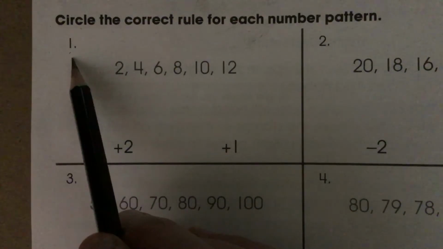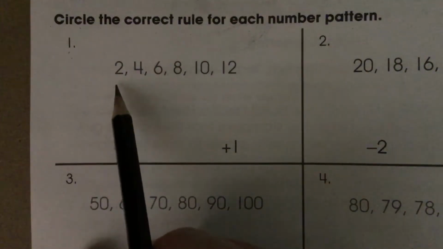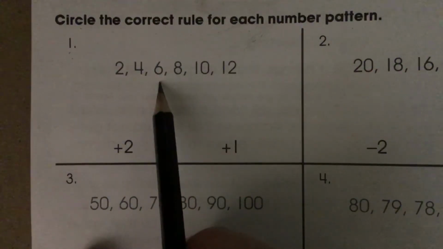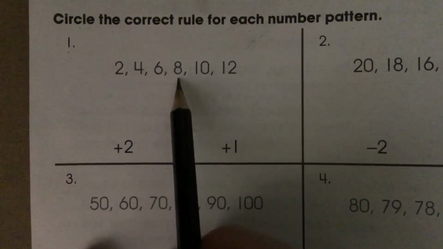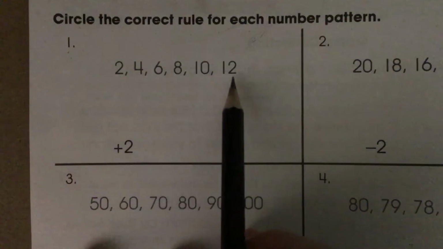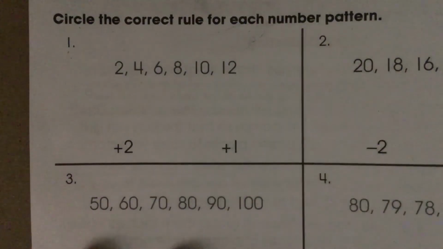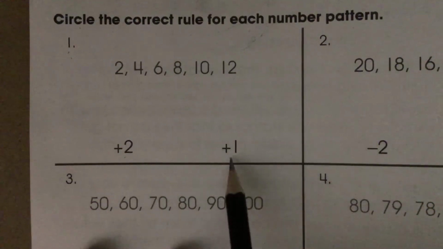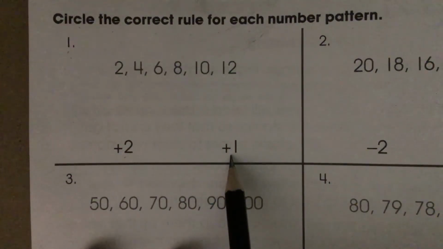Number 1's pattern, 2, 4, 6, 8, 10, 12. In that number pattern, there's a rule. Is it +2 or is it +1?